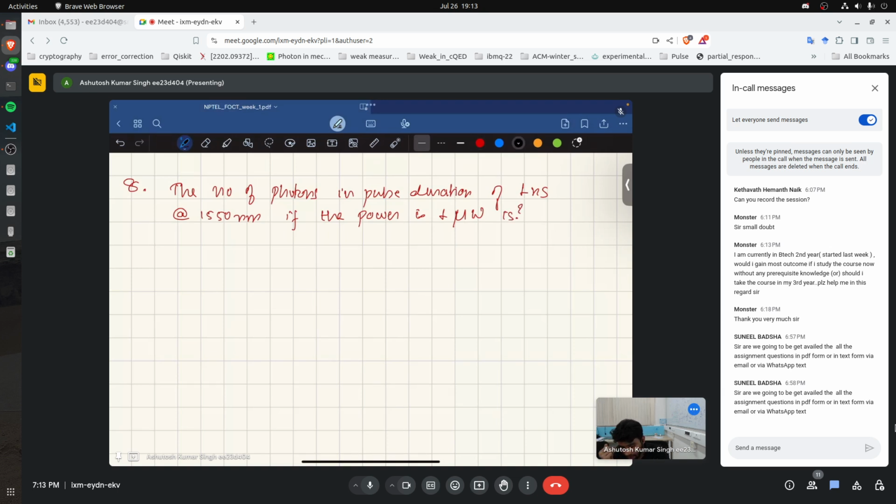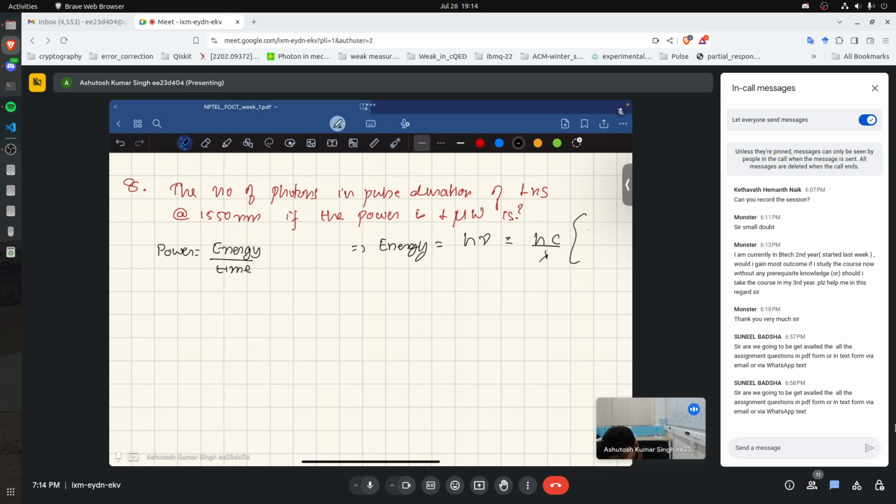Now I have been given the power, the wavelength and the pulse duration. Now I know that power is energy per unit time, and energy of a photon is given by h nu, or h c by lambda.